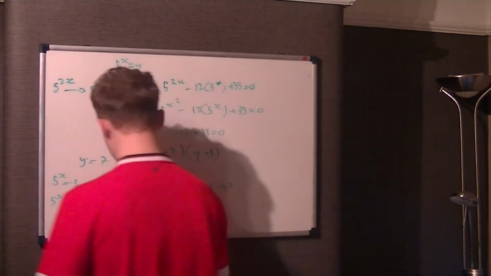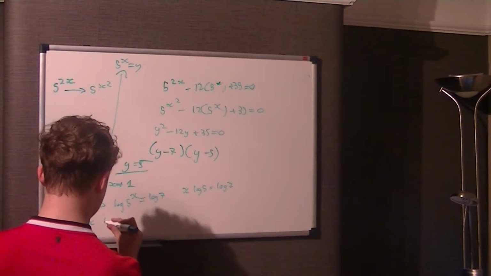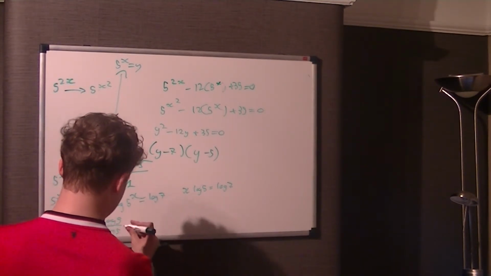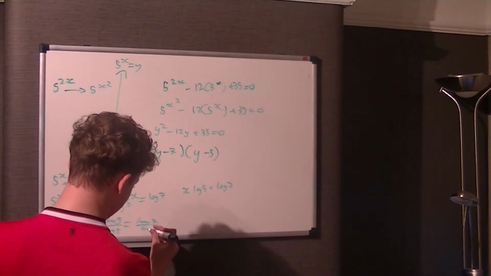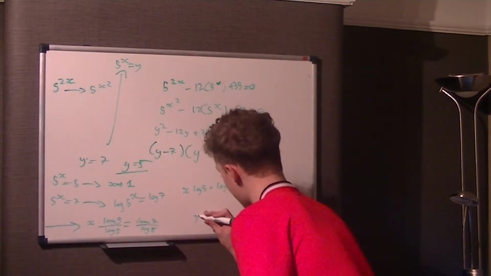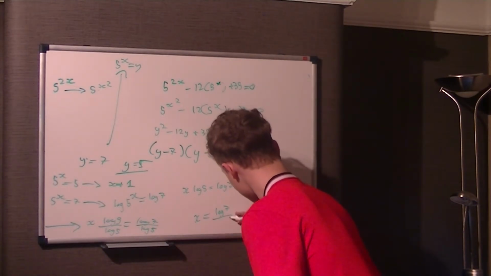Divide both sides by log 5, so x equals log 7 over log 5.